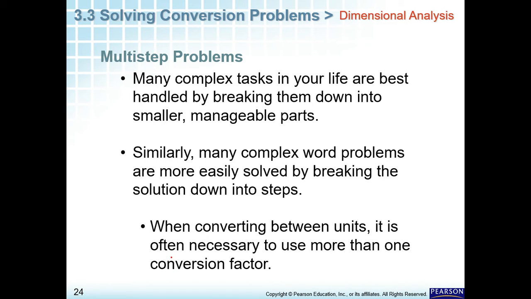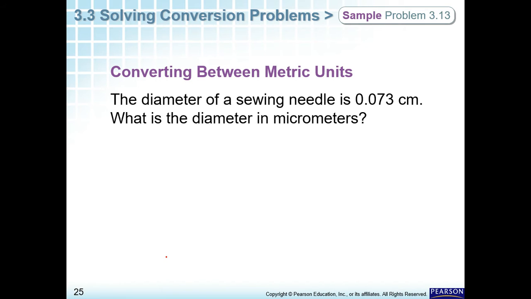Now, I taught you a simpler version of how to switch between units, but let's go ahead and solve another way. Here it says the diameter of a sewing needle is 0.073 centimeters, and what is the diameter in micrometers? And you might be like, well, we just have to subtract the exponents and move the decimal.